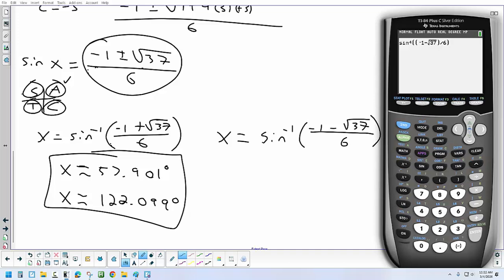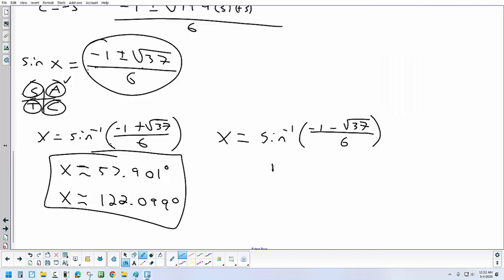Okay, it might be, let me check if that's bigger than -1. If it is, remember domain of inverse sine is only -1 to 1. We might not have to do the second part. -1 minus square root of 37. Oh yeah, that's bigger than -1. So because that's outside -1 to 1, there's no solution for this part.